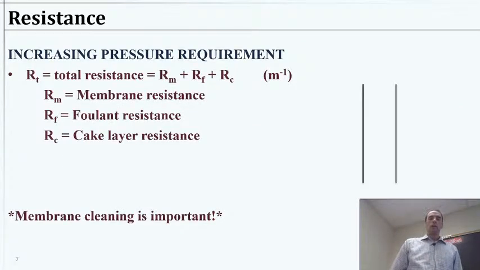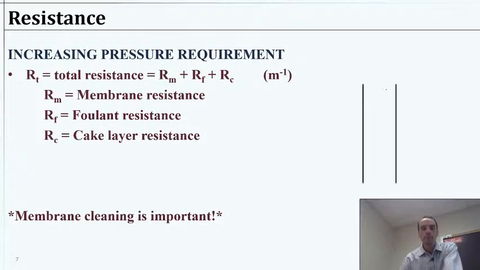Okay, so when we consider resistance and what adds to the resistance, we can define three different components. One would be the resistance due to the membrane itself. If the membrane was clean, nothing has happened to it yet, it's just the membrane, no other feature happening, that would be our RM.